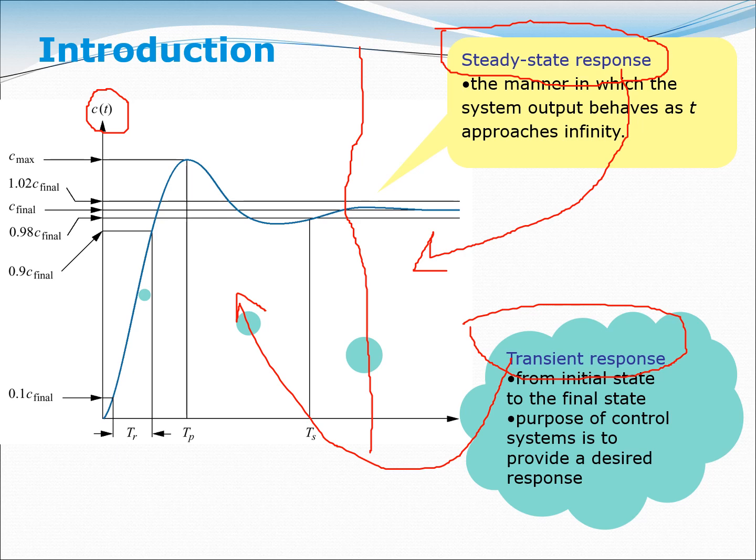That is basically what you will learn in this chapter number 4. And in this figure you can see several symbols here, TR, TP, and also TS. You will see the detail of these symbols in the next slide, and maybe you will also see this slide again when you want to understand what TR, TP, and TS are.